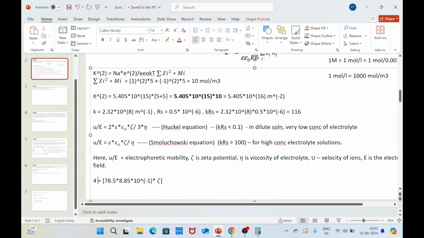So then your zeta potential value is nothing but 4 by 78.5 times 8.85, or you can write it as 0.885.